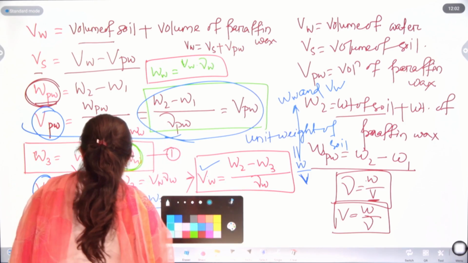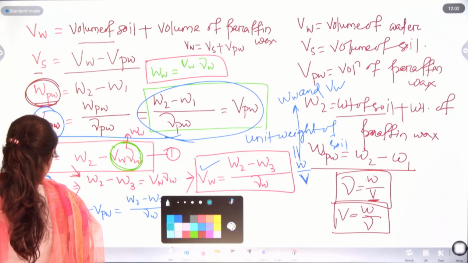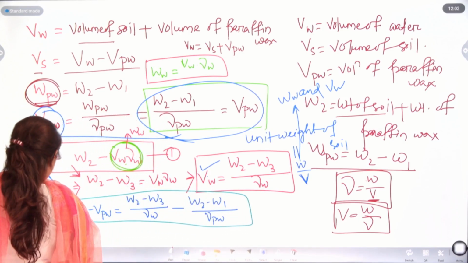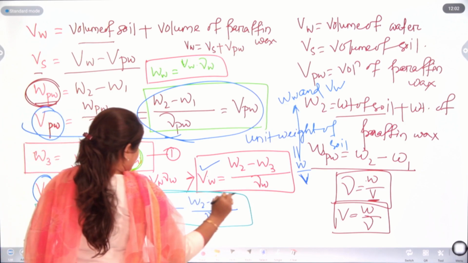Okay. So, we have the biggest part of what we need till now, the volume of soil.